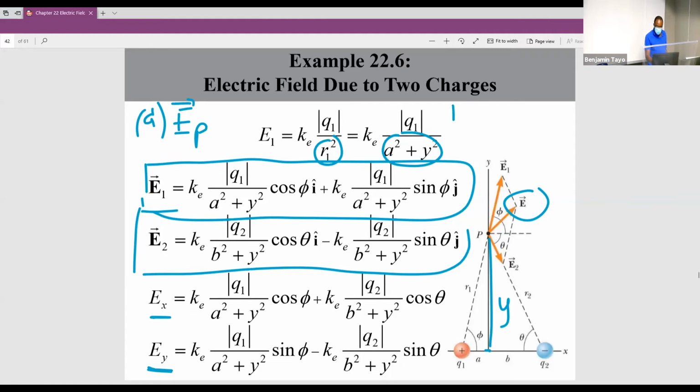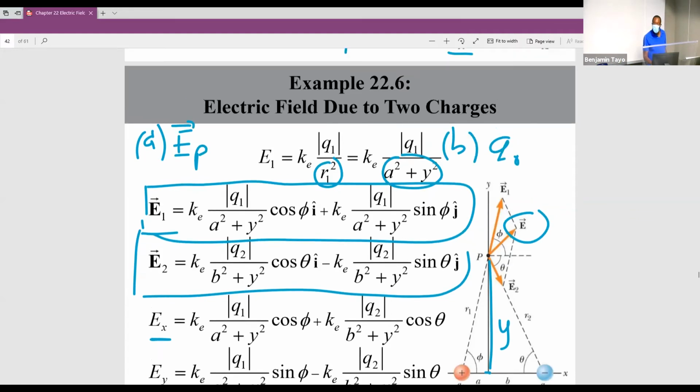Then maybe for part B, we're going to put a test charge Q naught at that point, and then multiply Q naught by the electric field to get the force. Does that make sense? So the first part is to get the electric field at that point. There is nothing at point P. Then later we're going to introduce a test charge Q naught at that point.